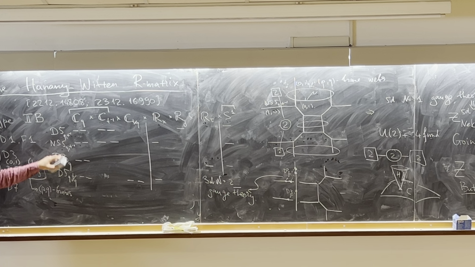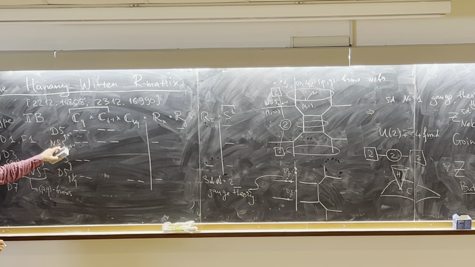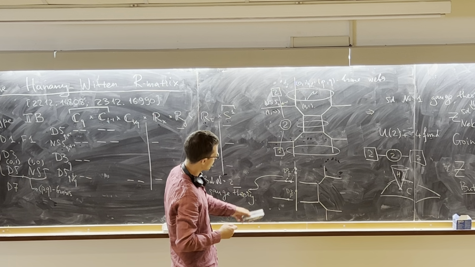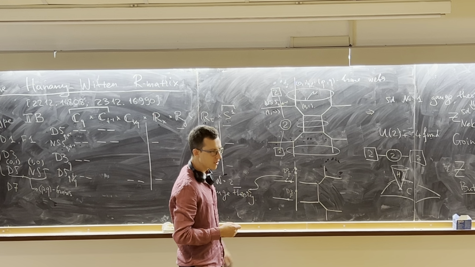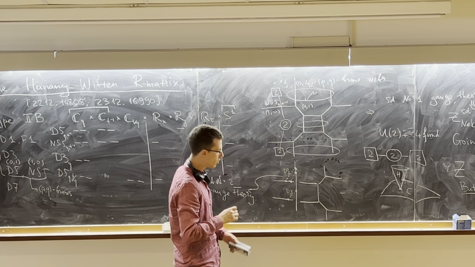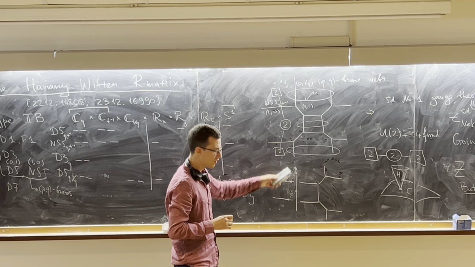Then these two cannot merge, though this one is horizontal and this one is vertical in the picture, because they are of different type. Now, what can happen is that they can lie in different planes at different values of tau, like here.